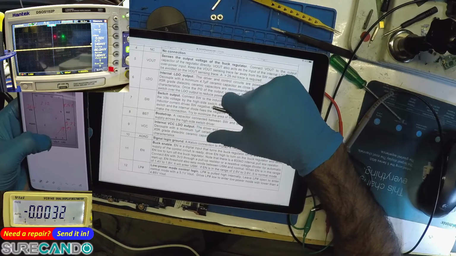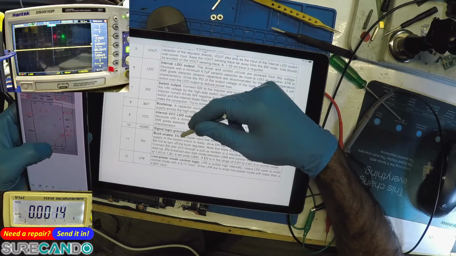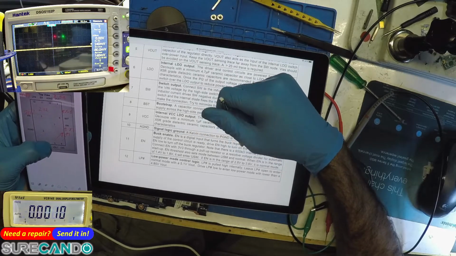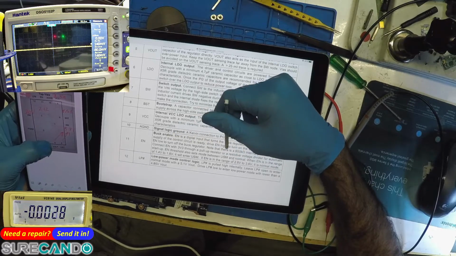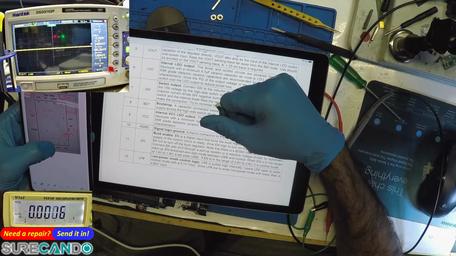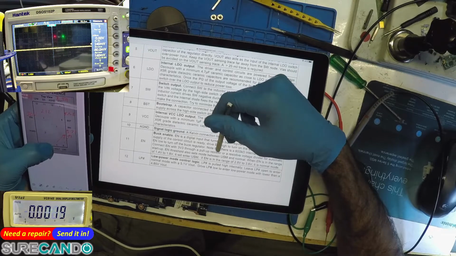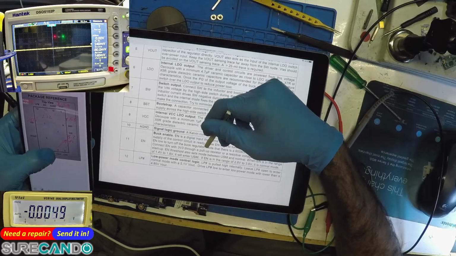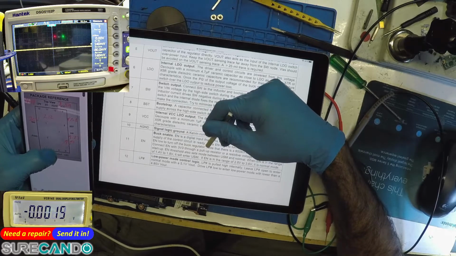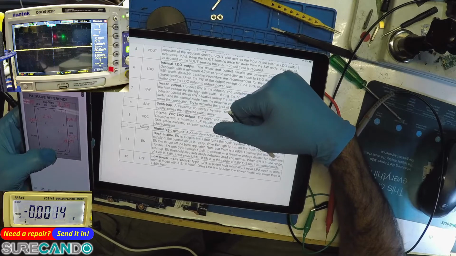Signal logic ground. Buck enable. Enable is a digital input that turns the buck regulator on and off. When the power supply of the control unit is ready, drive EN high to turn on the buck regulator and drive EN low to turn it off. Okay. 2.12 is on. There's a 600 kilo ohm internal pull low resistor.